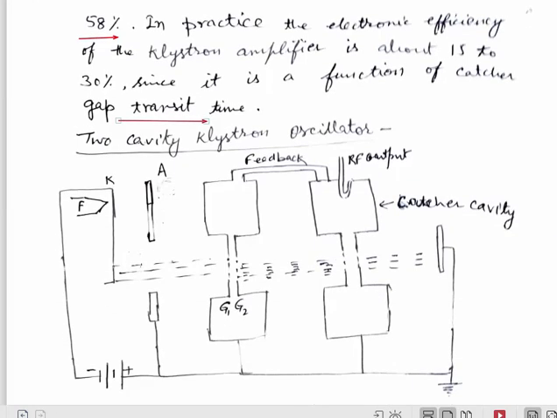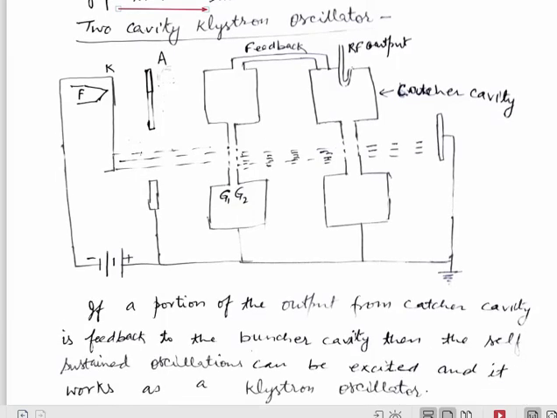Now we will discuss how the two cavity klystron amplifier can also act as a two cavity klystron oscillator. To discuss this, we again construct the block diagram of the two cavity klystron, in which F is the filament, K is the cathode, A is the anode, and a DC beam voltage capital V0 is applied between cathode and anode. These are the two cavities.